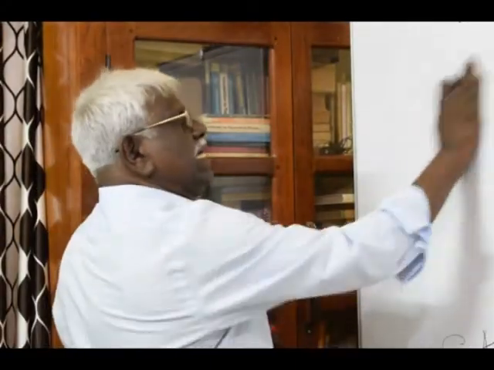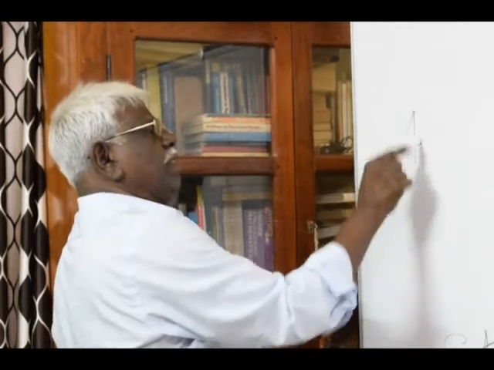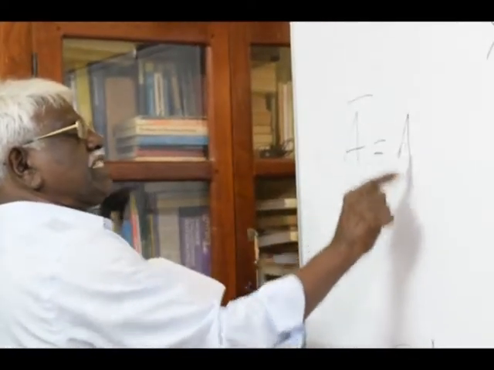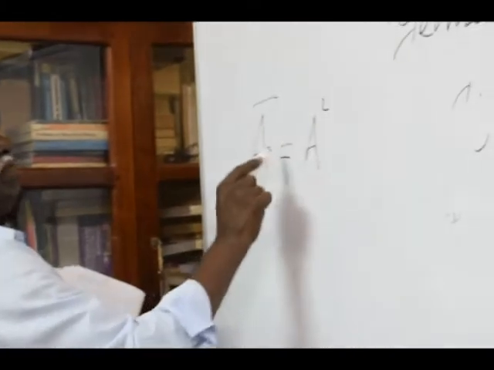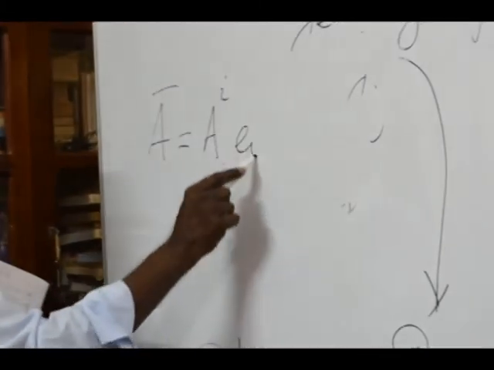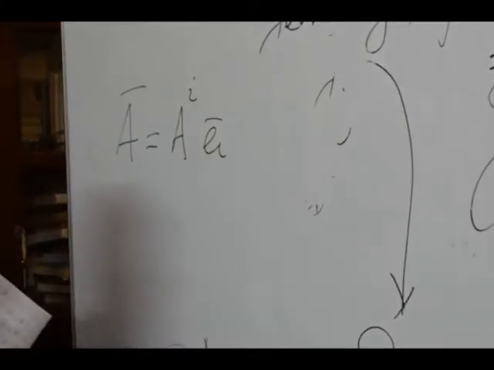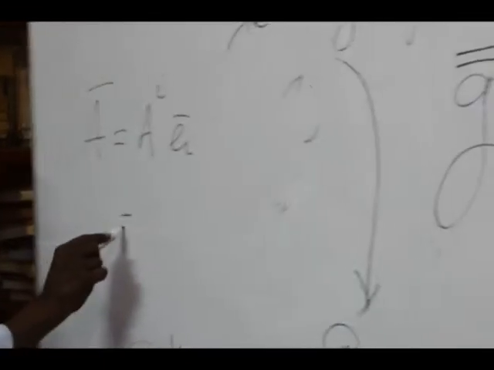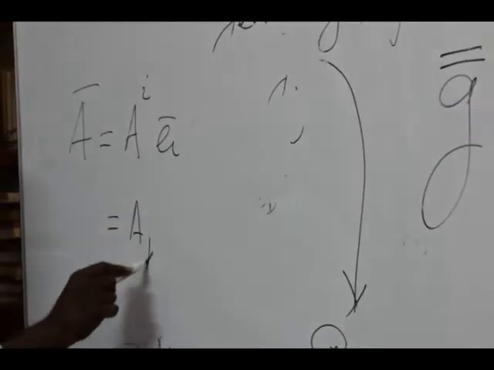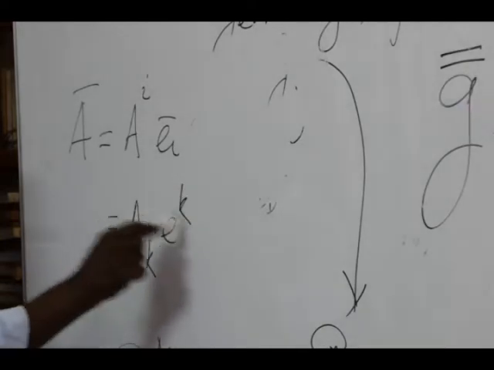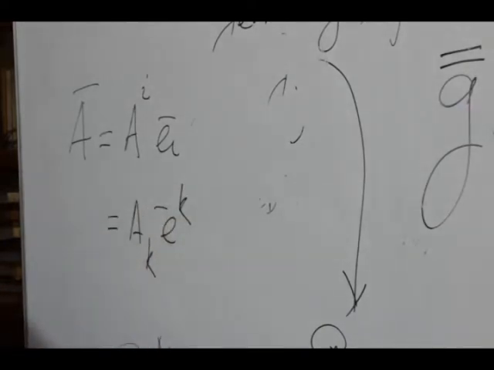Now any vector A, with respect to the basis Ei, I wrote like this. With respect to the dual basis, I write it as AK EK. The same vector A with respect to the dual basis.